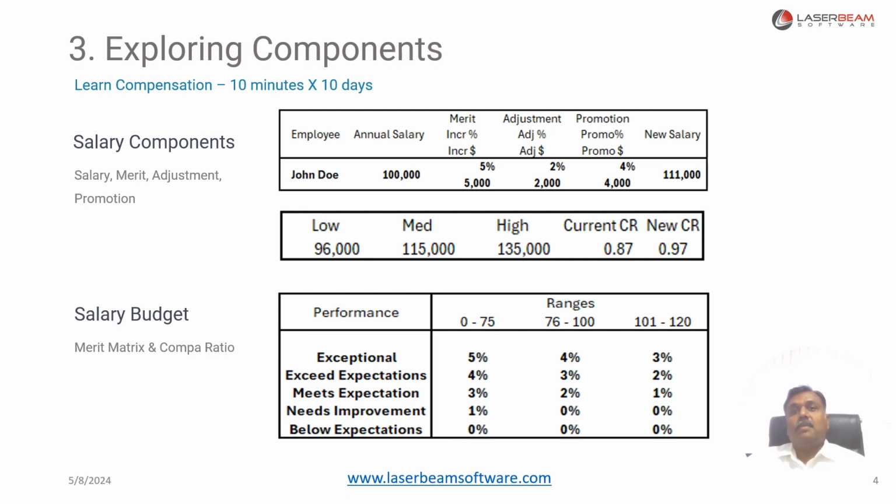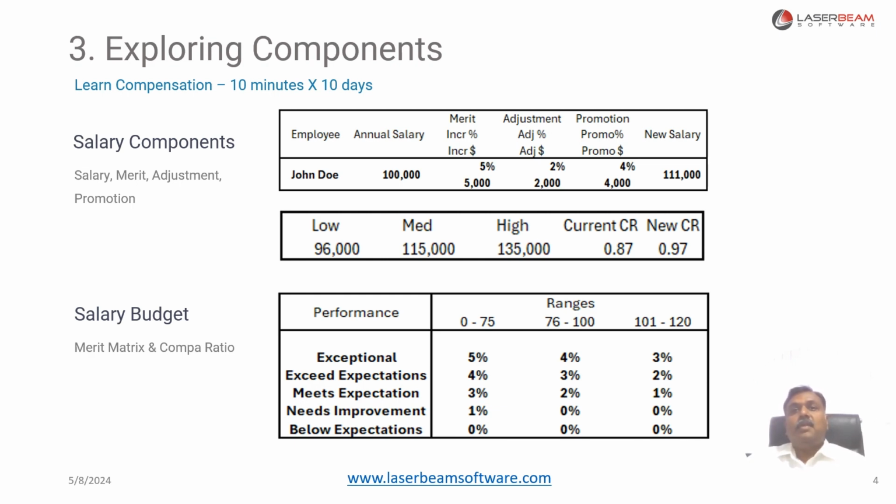What this matrix really does is bring parity in salary and make sure it's comparable when it comes to the same job done by similar people with similar performance, so that their salaries are brought to a level which is kind of equal. So there's no discrepancy between two different individuals doing the same job and with the same potential. As the performance scale goes down, the percentage increase goes down. So somebody who is below expectation doesn't get any increases at all.